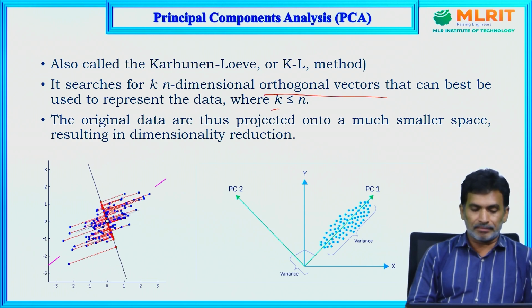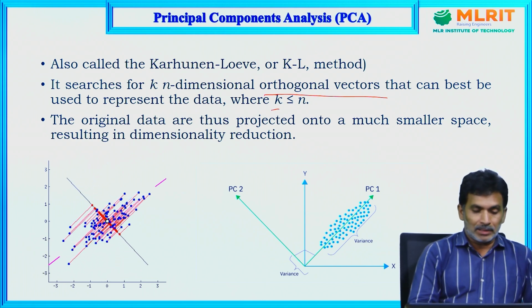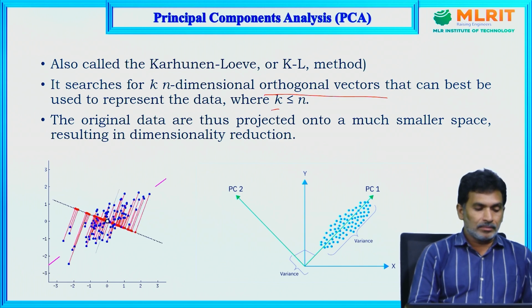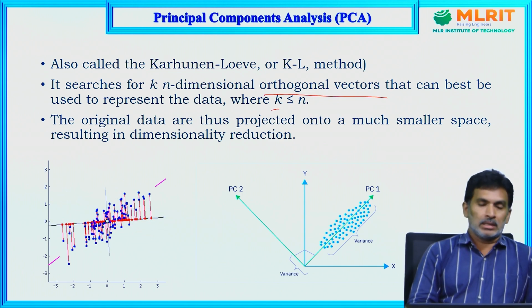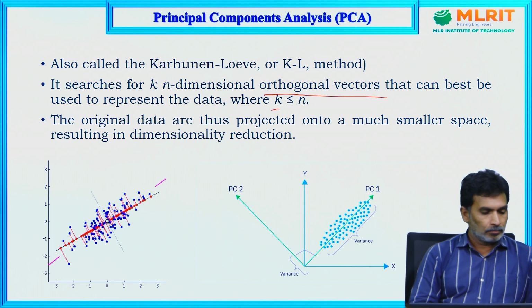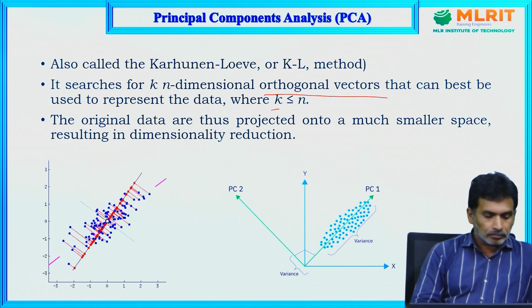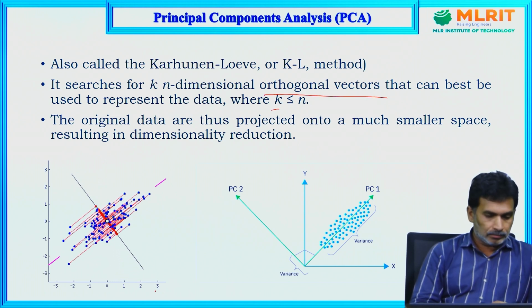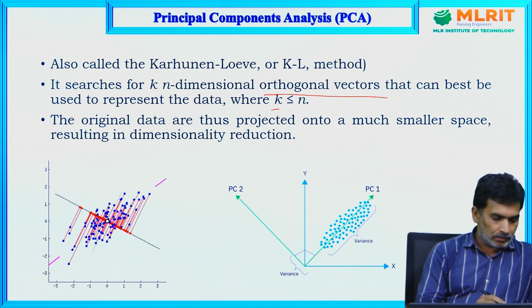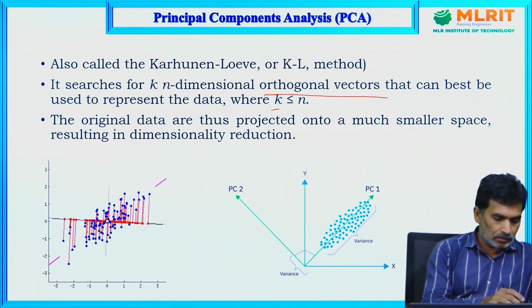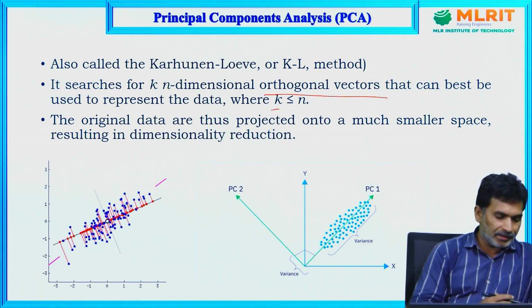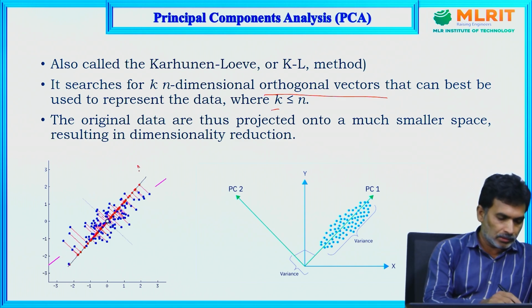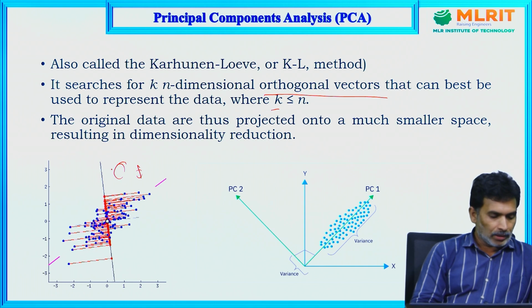N is the number of variables and k is the number of principal components. From the left side of this image, we can imagine the different components. Suppose this is a line which is rotating here, that could be one principal component.